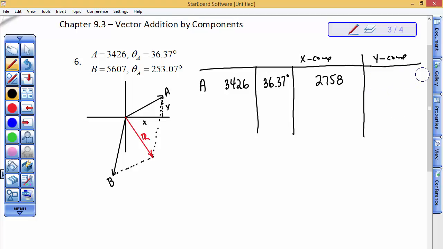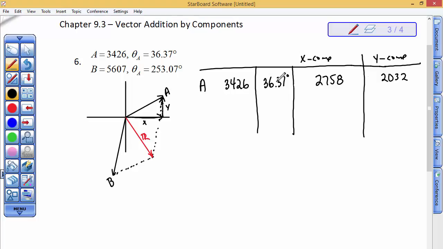That turns out to be 2,032 units. Again, this line is the 2,758, and this line is the 2032, to make up the 3426.